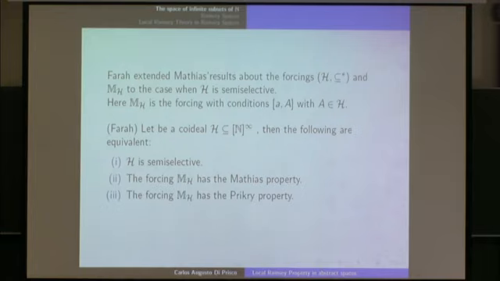This means that any generic real, a real is generic if and only if all of its infinite subsets are also generic, and that's also equivalent to the Prisco property, by which I mean that given a condition and given a sentence in the forcing language, then we can decide that sentence by taking a stronger condition that only shrinks the top part or the infinite part of the condition.